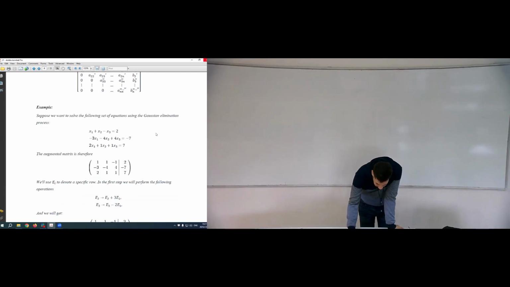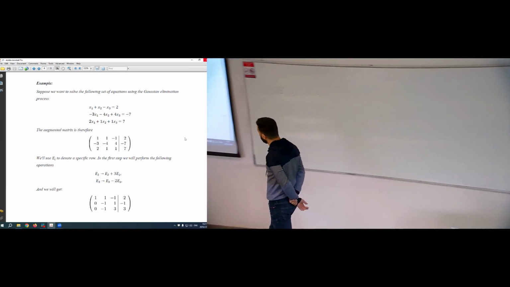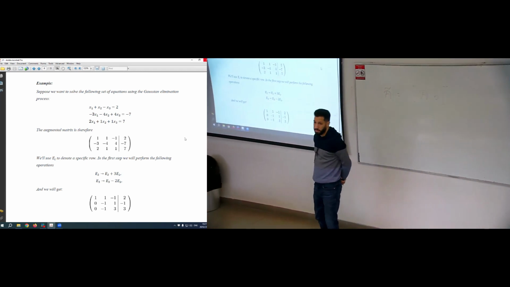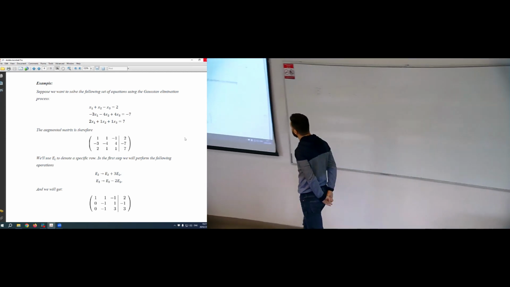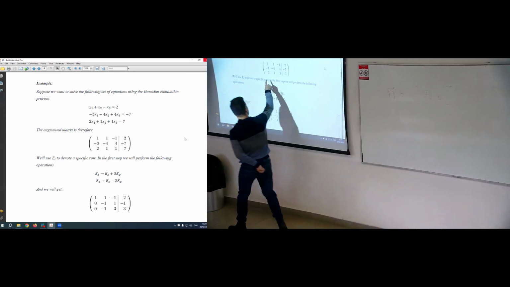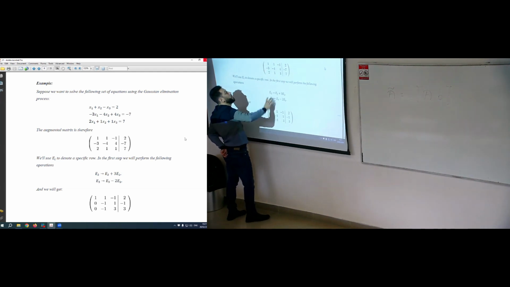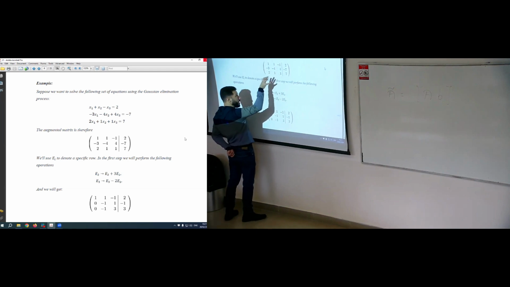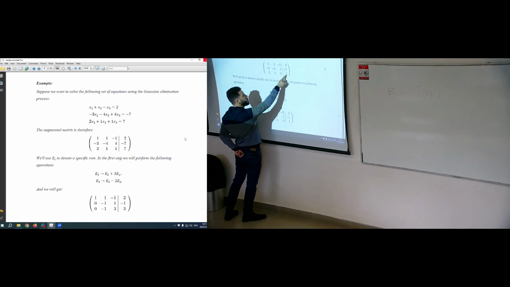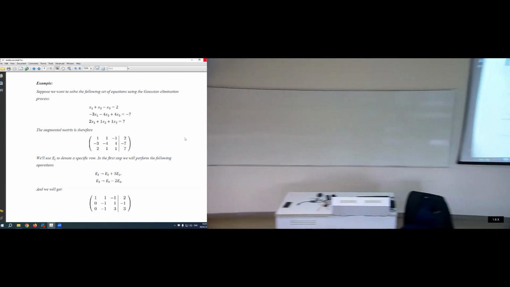So let's see an example at first. Here we have three equations, and we put them in this augmented matrix. And now I take this row plus 3 multiplied by this row, which gives me this. And then also in the same step, I take this row minus 2 times this row, and I get to this.